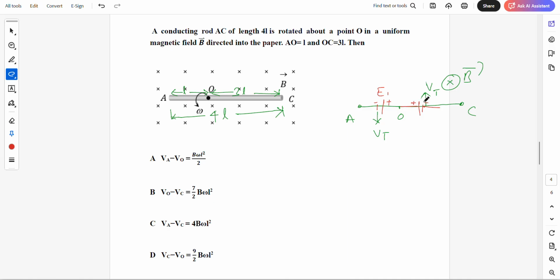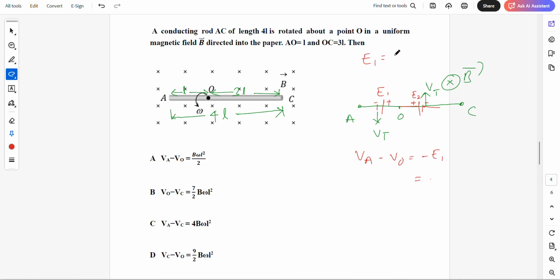This is plus and this is minus. Understood? Therefore VA minus VO, if I move from A to O, the center of rotation, that is minus E1. How much is E1 here?